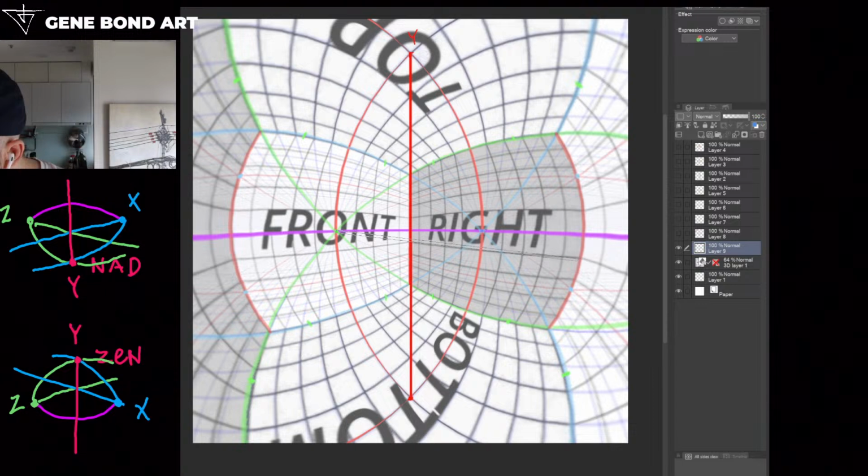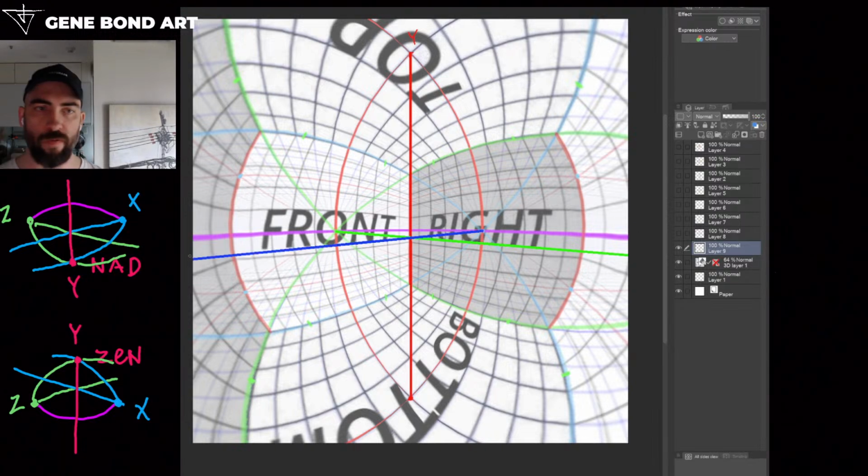Z will be straight about here, and x will be straight about here, so it intersects with the y-axis. So we have this camera direction point. And then you look at the distance between this camera direction point and the horizon line and the y vanishing point. So what is the ratio?